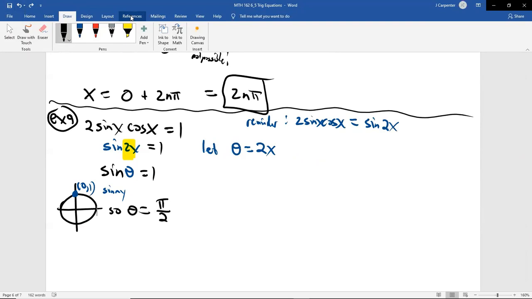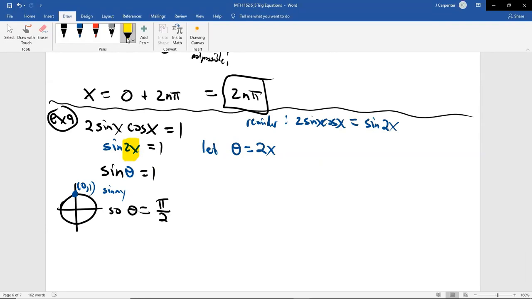But here's another issue. With this being a 2, I'm going back to the highlight, the period of sine of 2x is not 2 pi. It's going to happen quicker, because that too is a factor that affects the wave speed, as we've discussed. We've said that the period is 2n pi over b, where the 2 here is the b.